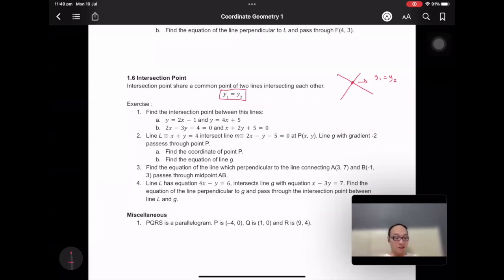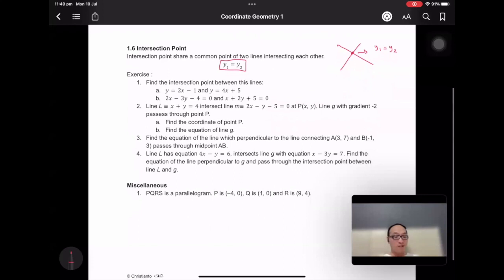For example, find the intersection points between the lines in A. So I can make them the same. The y1 is 2x minus 1 equals to the y2, 4x plus 5. And then I can just simplify. It's negative 2x equals to 6.